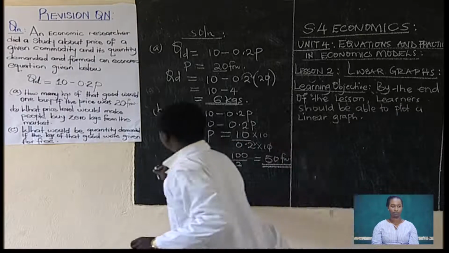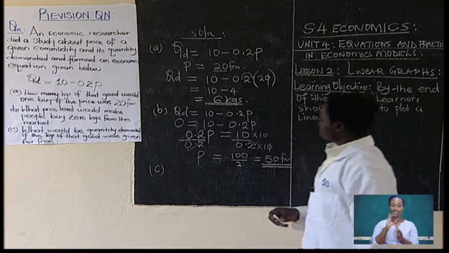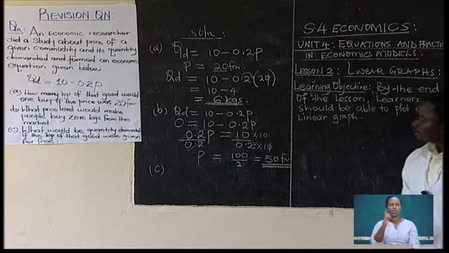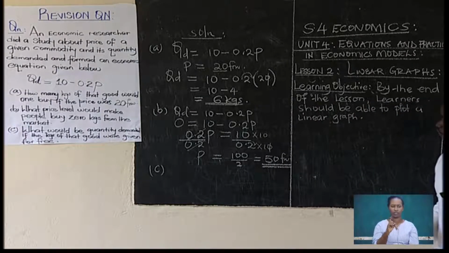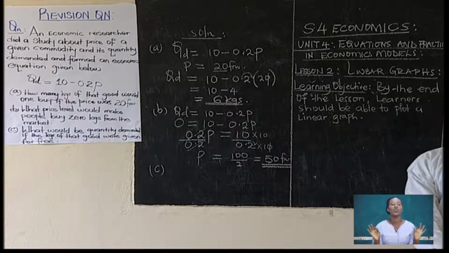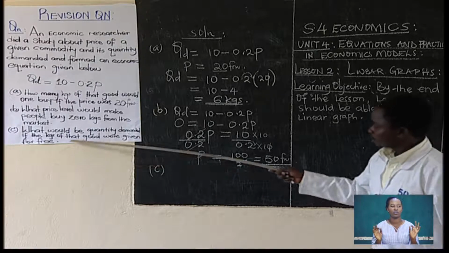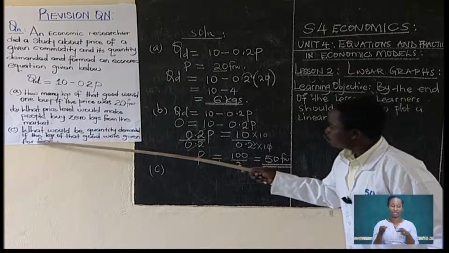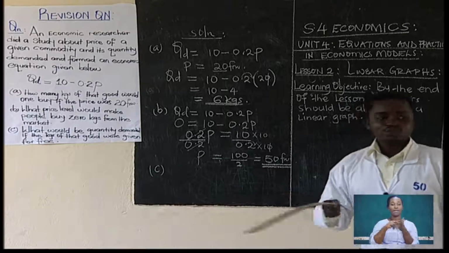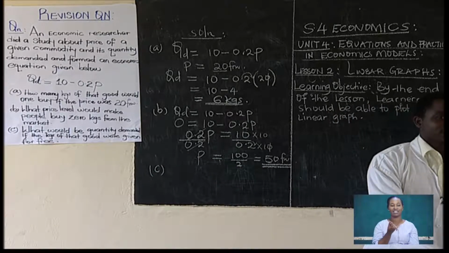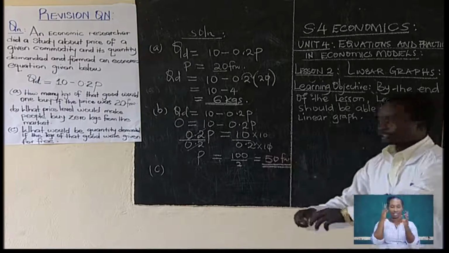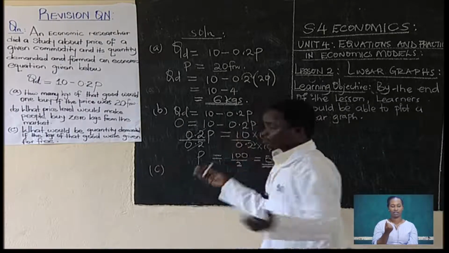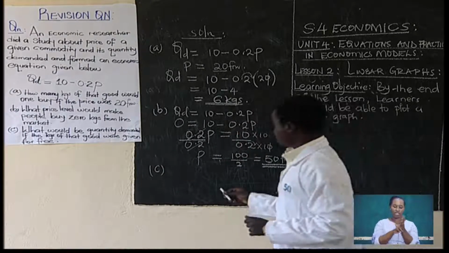So part C, what would be quantity demanded if the kilograms of that commodity were given for free? You have to note this. If the kilograms of that commodity were given for free, meaning that at 0 price, there's nothing that was charged. So in this case, you restate your linear equation for simplicity.